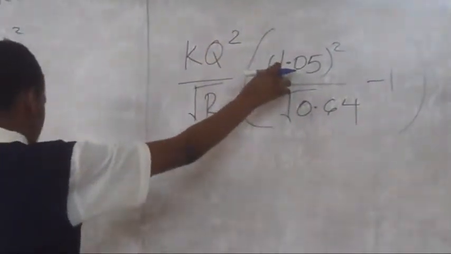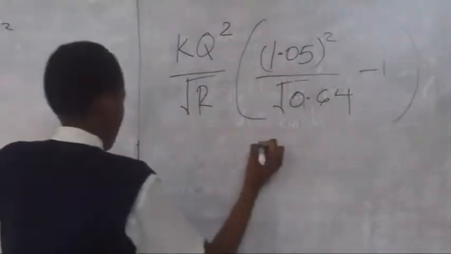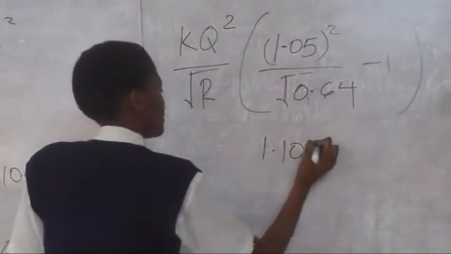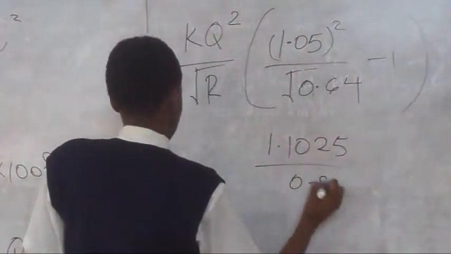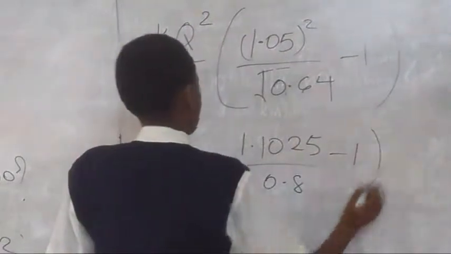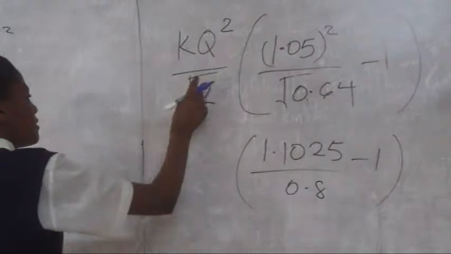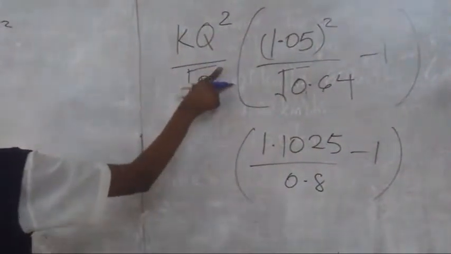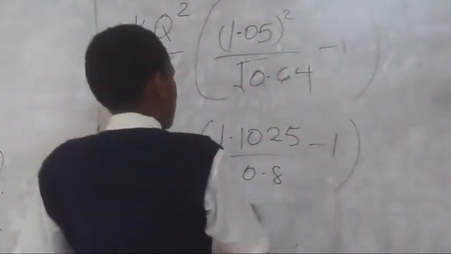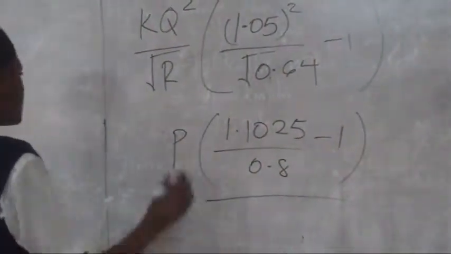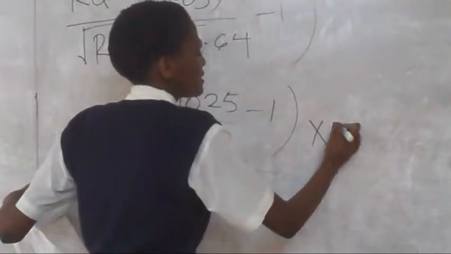Now 1.05 squared gives 1.1025 over 0.8, minus 1, into this value K Q squared over root R. This one was representing our value P. Now we'll replace it with P times that minus 1, over our initial value, which was also P, times 100%.